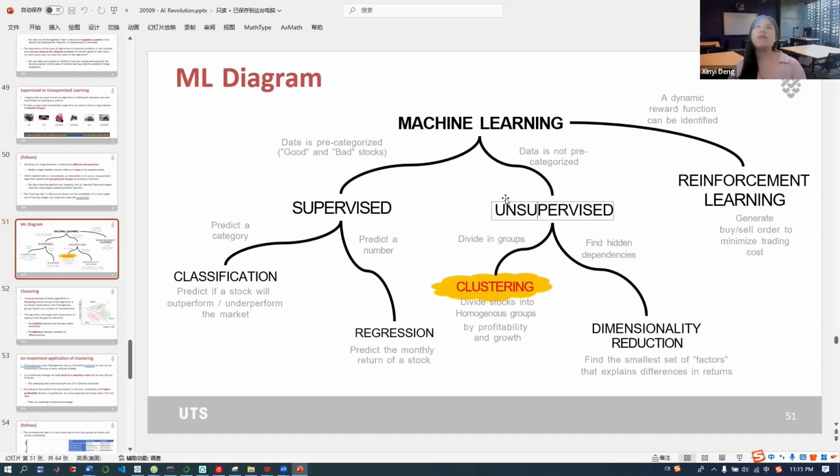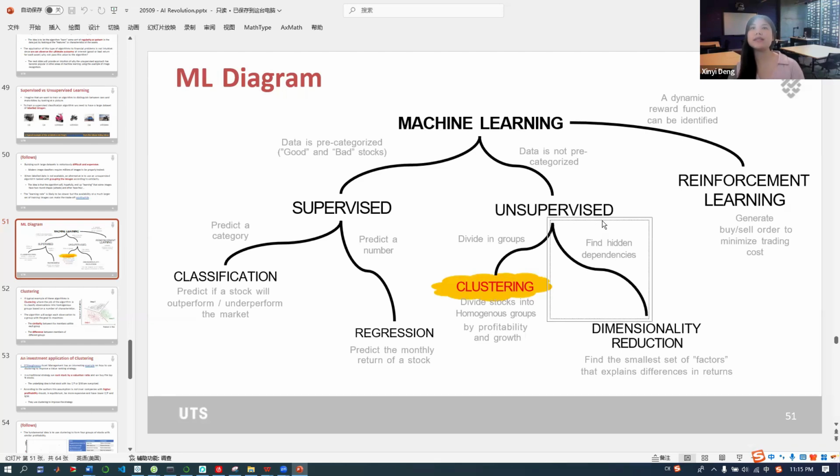For more details about unsupervised learning, there are two major types. One is clustering. What clustering does is try to divide the data set into different subgroups based only on the features. Remember, in the data set we only have the features. So that's clustering.